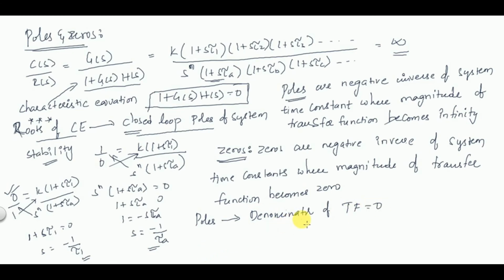If you equate the denominator of the transfer function to 0, you'll get the closed loop poles of the system. And if you equate the numerator of the transfer function to 0, you'll get the zeros of the corresponding system. This is how we can obtain poles and zeros of the given system from the transfer function.